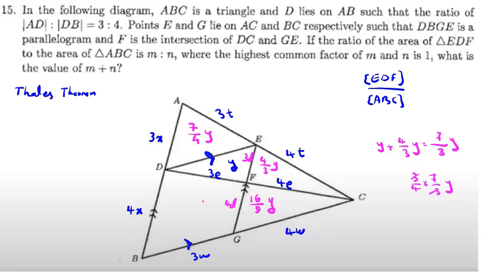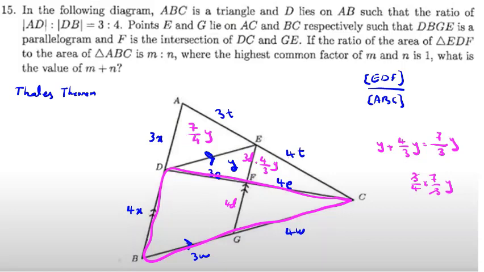Now, here we want to calculate the last part in terms of y. Let me tell you something: you can calculate this part, or you can also calculate the whole part here. You can say this is 4 over 3 times this.